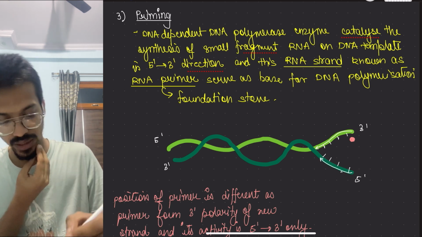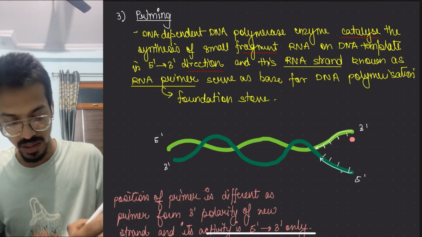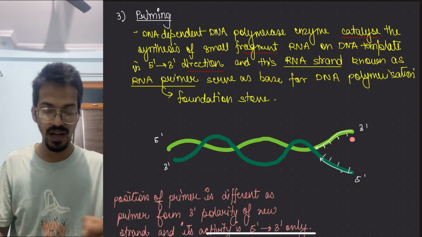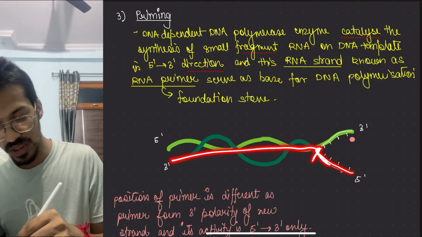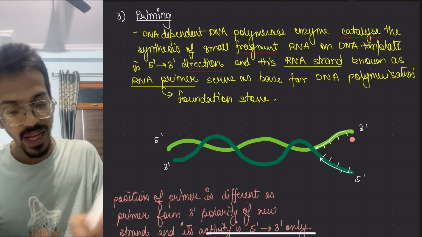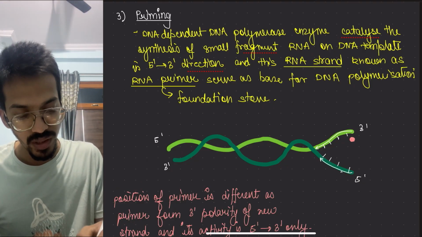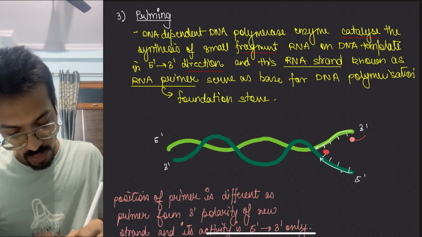But here, if you see, this is the 5' end, so it can't attach here. So how much is open? This much is open, in close proximity to the 3' of this strand, the darker green color. So another primer will go and attach over here. So one is attached here. This is the primer.